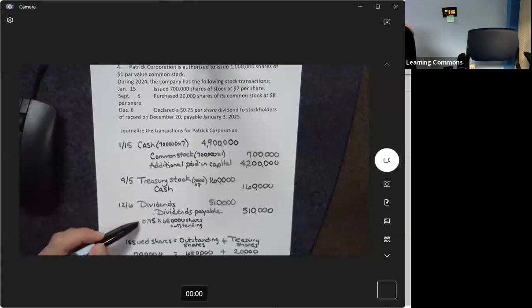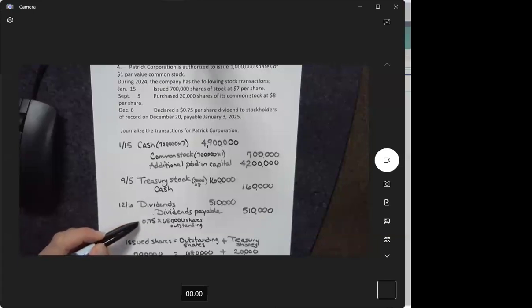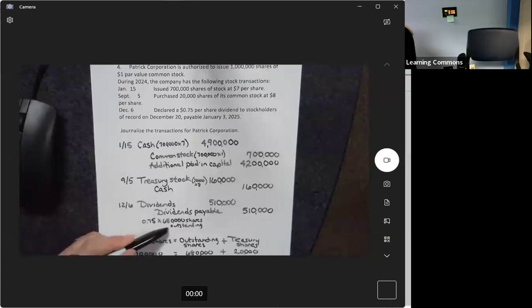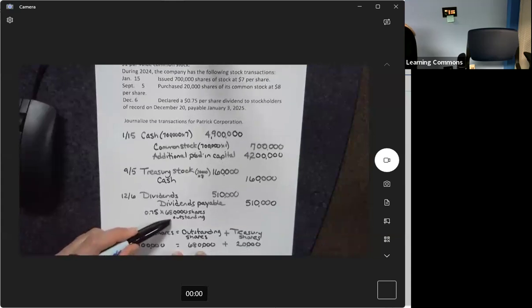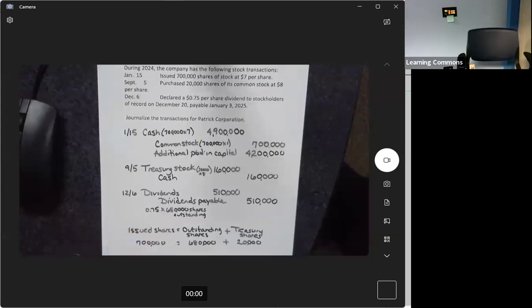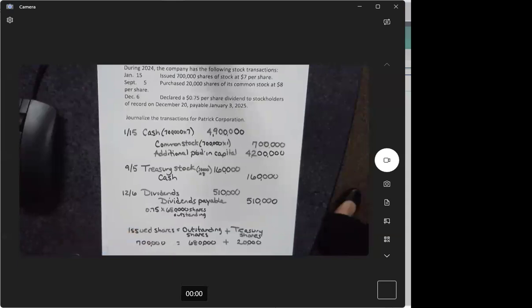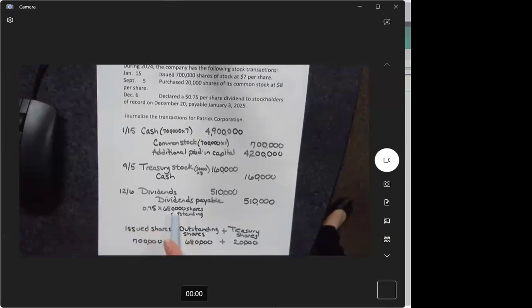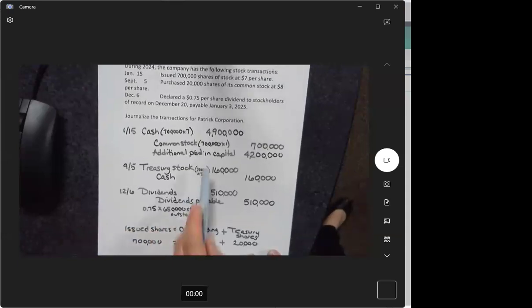An important thing to note about dividends though is remembering that we only pay dividends on outstanding shares of stock. So in this case, to come up with the dividend, it told us it was 75 cents a share.